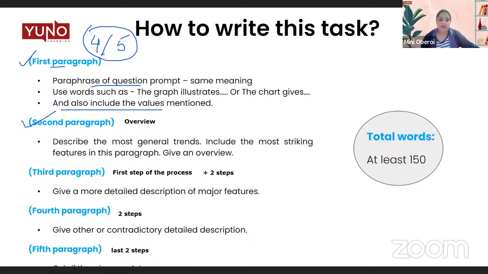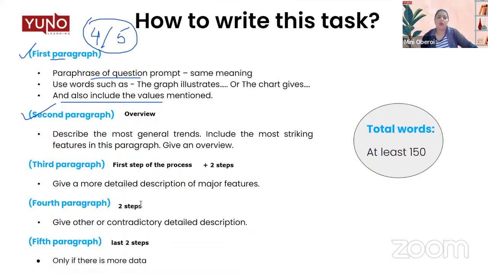When we have to mention everything, we must make sure that we only, maybe I want to write only 4 paragraphs. So in that case, I will give 3 steps here and the remaining 4 steps, if it is a 7-step process, in the 4th paragraph, right? But I cannot eliminate it that, okay, I just want to write a 4-paragraph report.